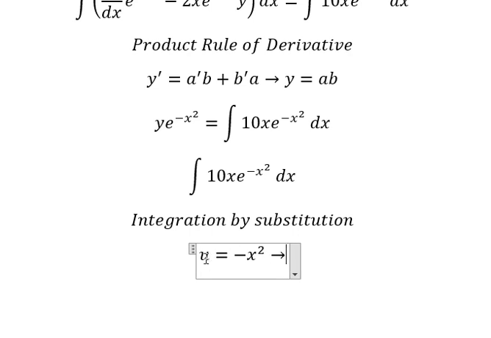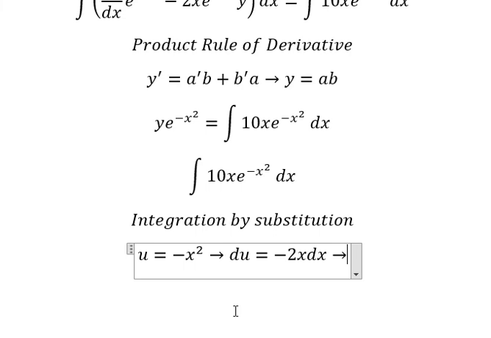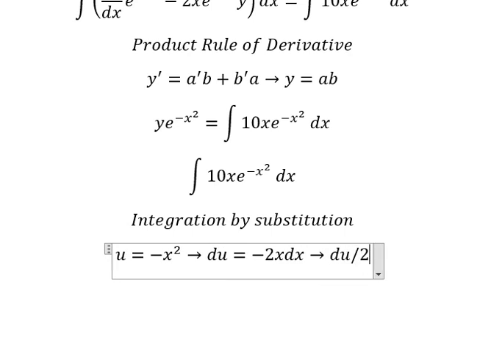After that, we take the first derivative of both sides, and we have du equals negative 2x dx. Because we don't have negative 2 in here, we divide both sides by negative 2.